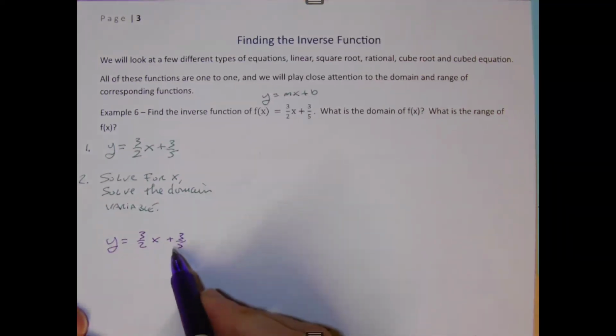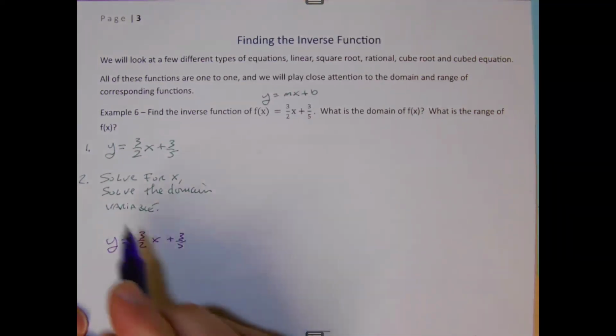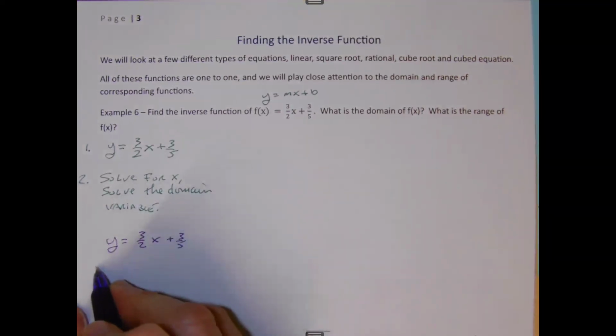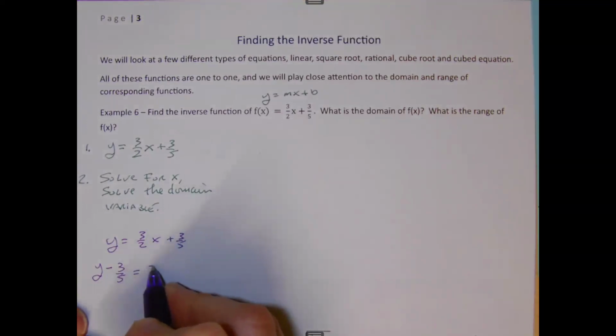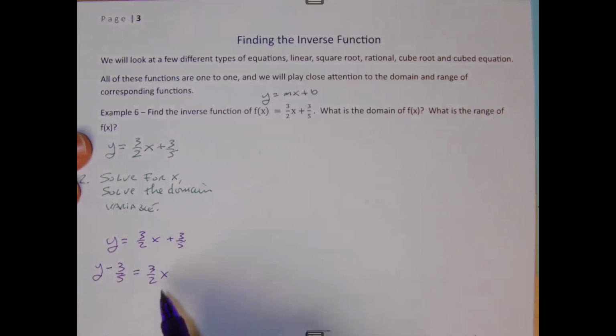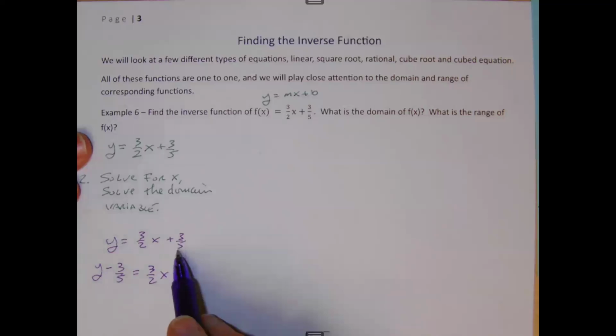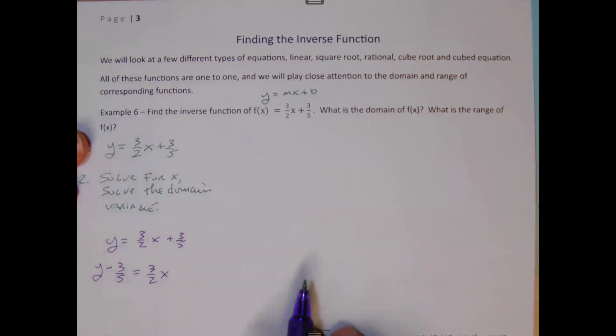This is linear, so I'm going to subtract 3/5 from both sides, the result being this. I'm trying to isolate x, so first move any term that doesn't have this variable. So this is a constant, move that to the other side by adding or subtracting the terms. So remember, these terms you can only move by adding or subtracting.